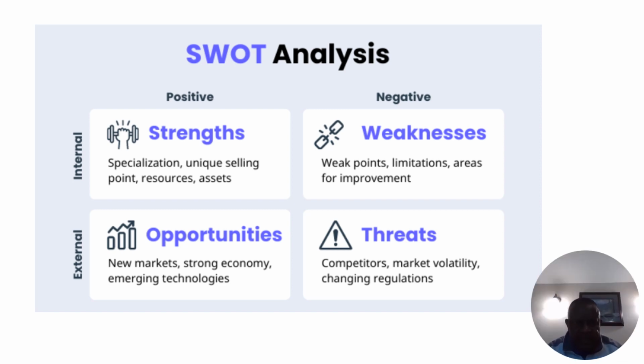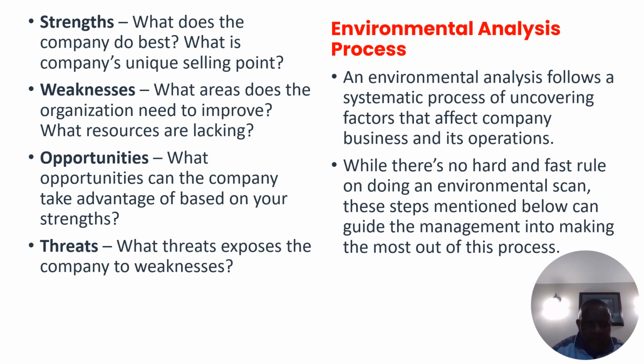Therefore, SWOT analysis looks at strengths, opportunities, threats, and weaknesses existing in the organization. When we talk about SWOT analysis in terms of strength, we mean what does the company do best? What is the company's unique selling point?